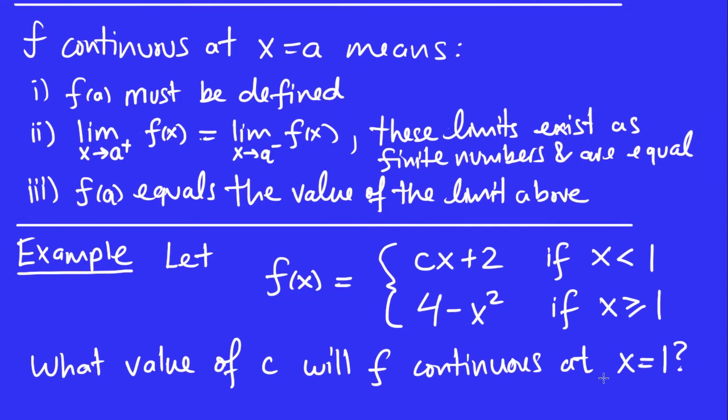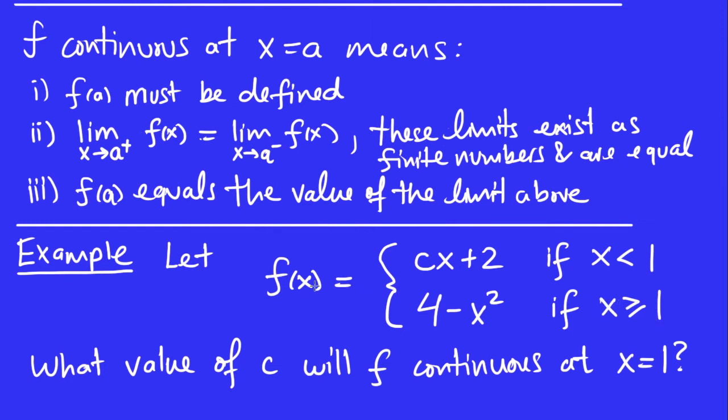First of all, note that in this question, a is 1, right? And the first thing that we need is that f of 1 must be defined. Well, let's see here. When x is equal to 1, which of these two apply? It's the second one, right? 1 is greater than or equal to 1.